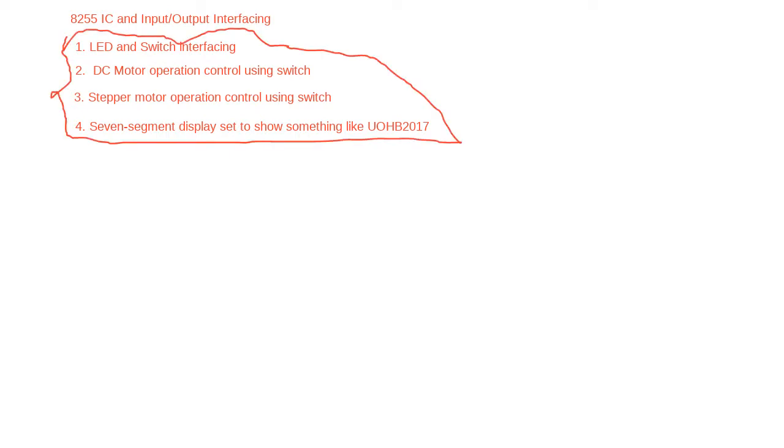So this is about input-output interfacing, 8255 IC and input-output interfacing. So in this chapter we basically discussed 4 examples, I mean 4 different types of example learned so far. So this is about this chapter.